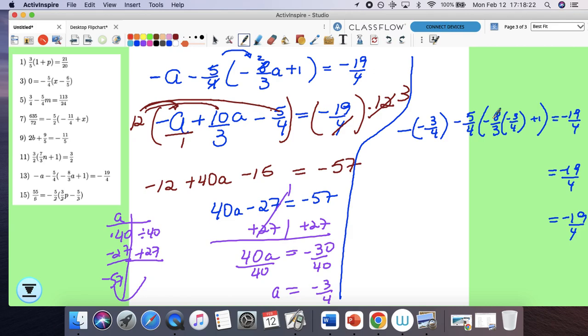Negative a minus, that's a 2. 2 times 5 is 10. 10 over 3, positive 10 over 3a, plus minus 5 over 4. That's okay. Multiply both sides by 12. 12 divided by 4 is 3. 19 times 3 is 57, so I'm okay there.